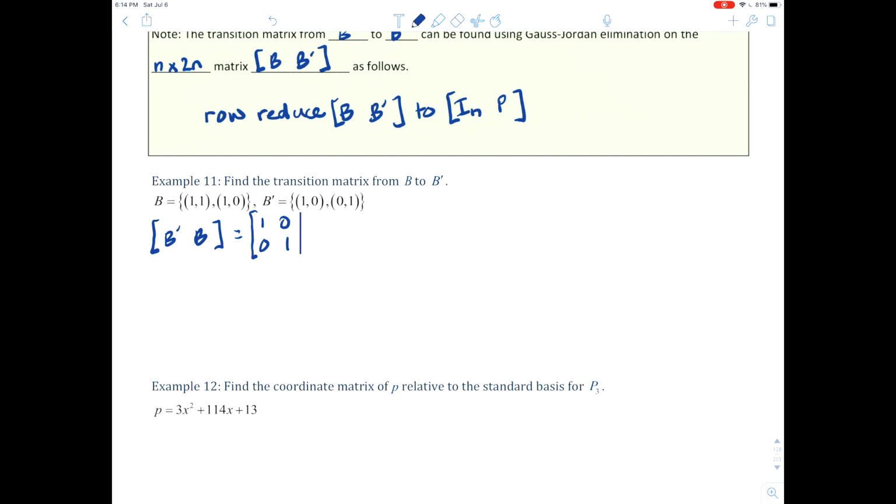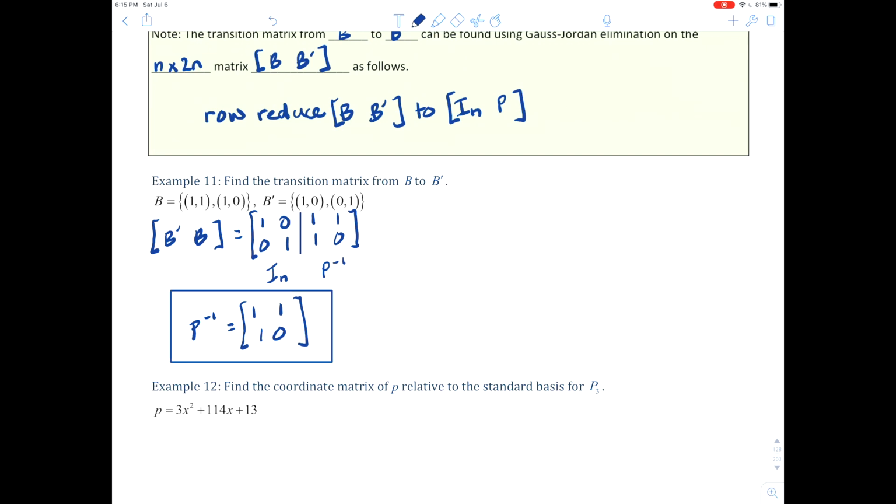And then I have 1, 1, and then 1, 0 going down when I was saying these. So what is this? Well, the left one is In. Since I put the B prime first, what is the second one going to be? Beautiful. P inverse. So our transition matrix is P inverse, and that's equal to, going across now, 1, 1, and then 1, 0. Groovy?